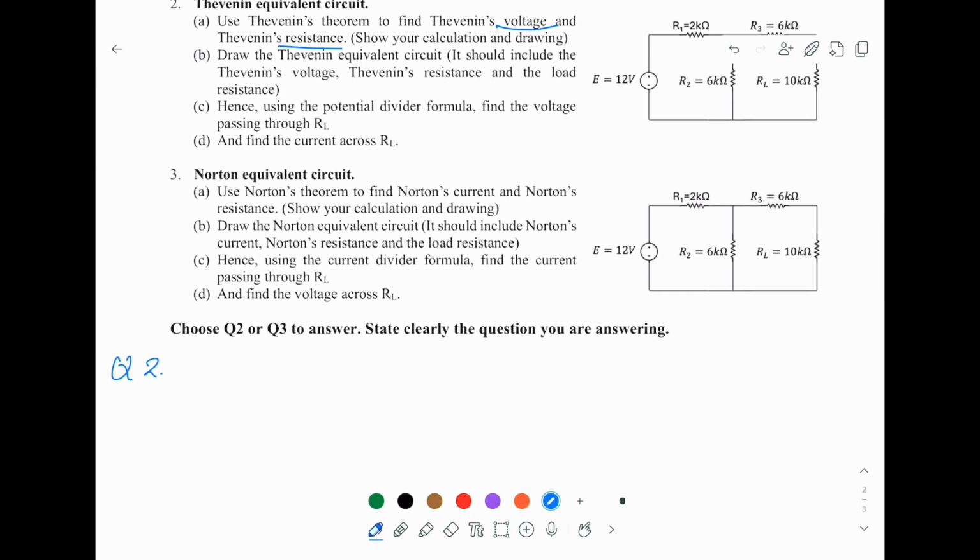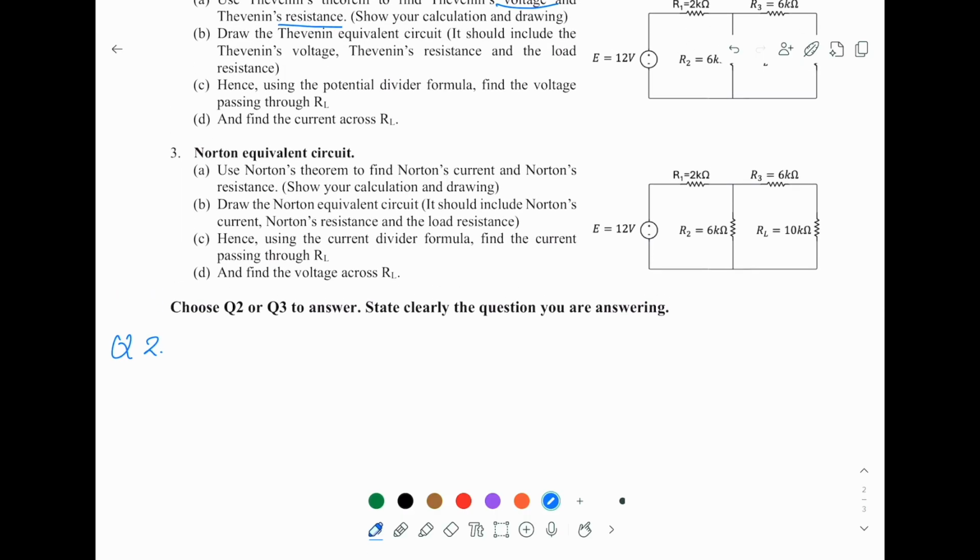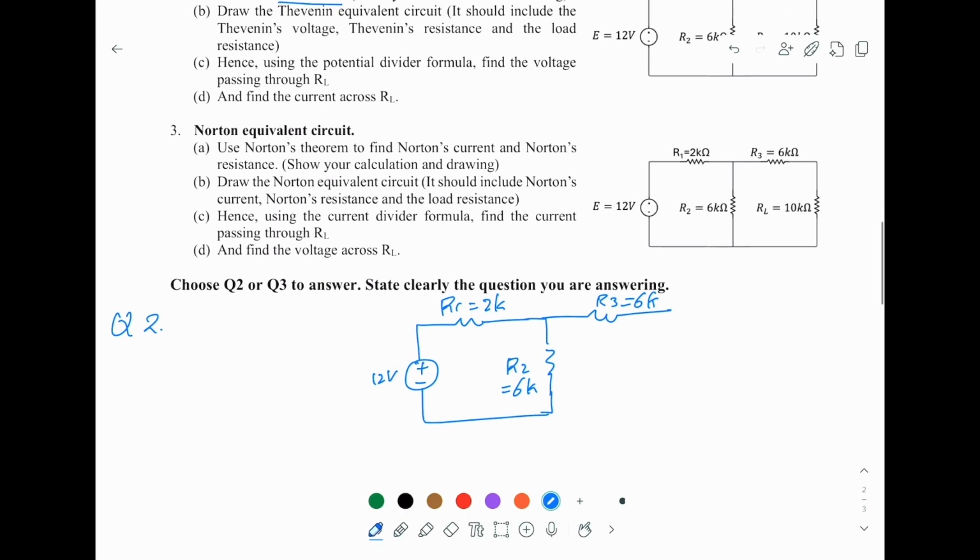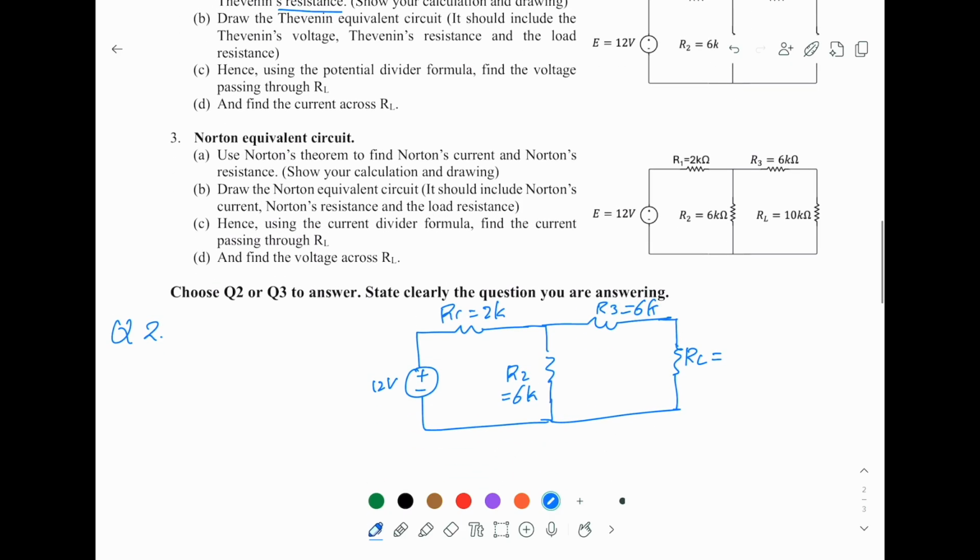So if this is your 12 volt, and this is R1, 2K, and this is R2, which is 6K, R3, 6K, RL, 10K.